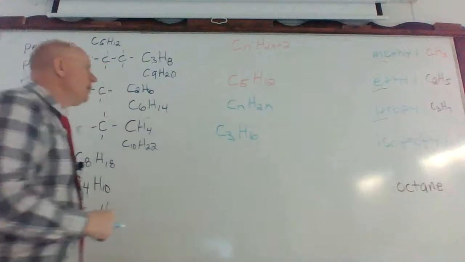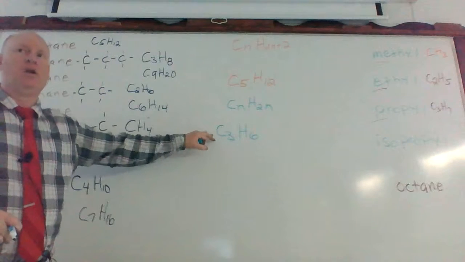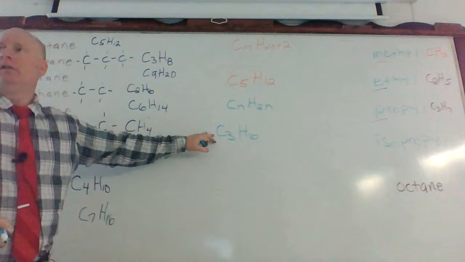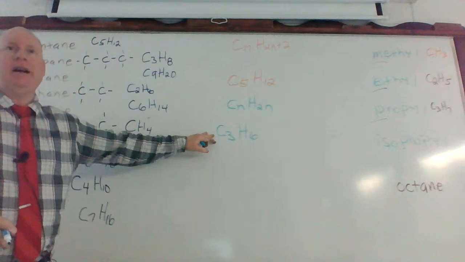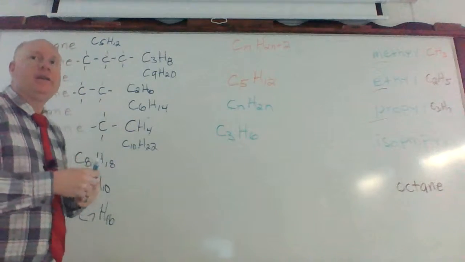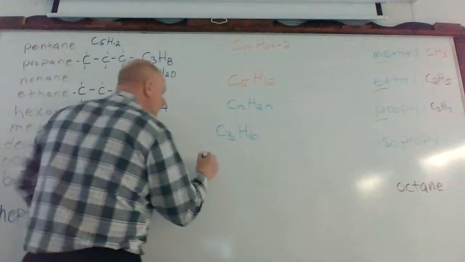Now, this is unsaturated because this is no longer an alkane. It's an alkene now. And the way that we can tell is that there's a double bond in there.